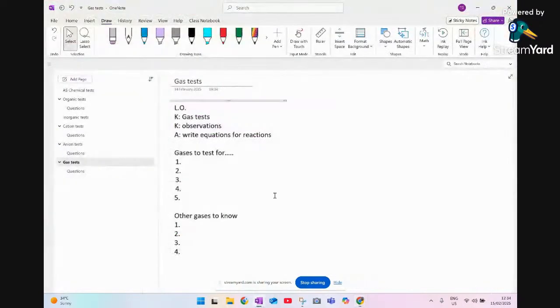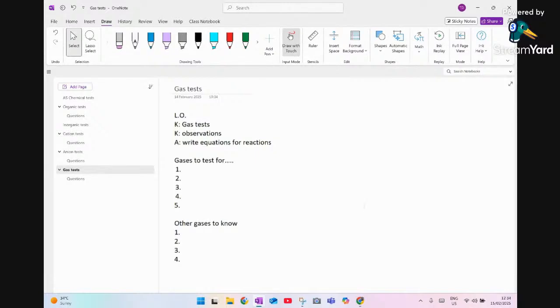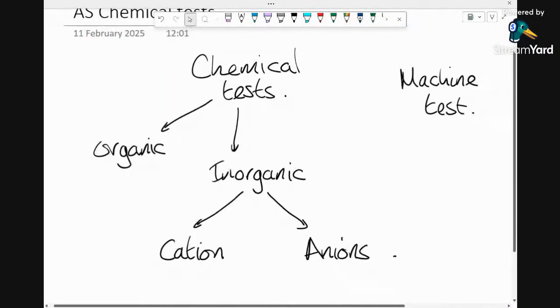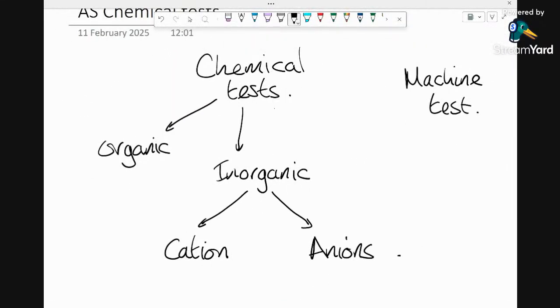Okay, folks, so we're moving straight on to lesson 2, gases. One thing worth noting is that when I started the series I was talking about AS gas tests, and you notice I left a space, totally missed it. So this is an extension from my previous lesson: we need to make sure that we can test for our gases.